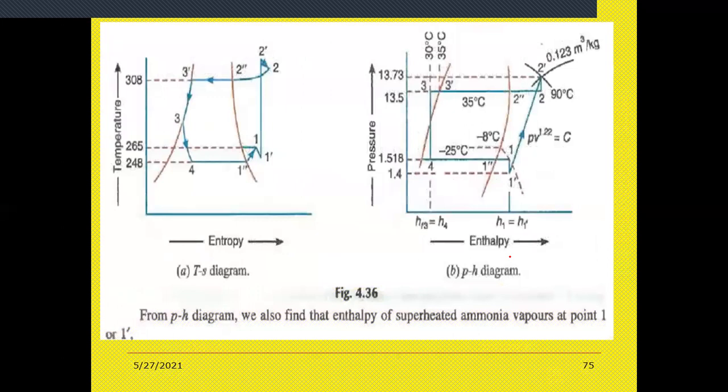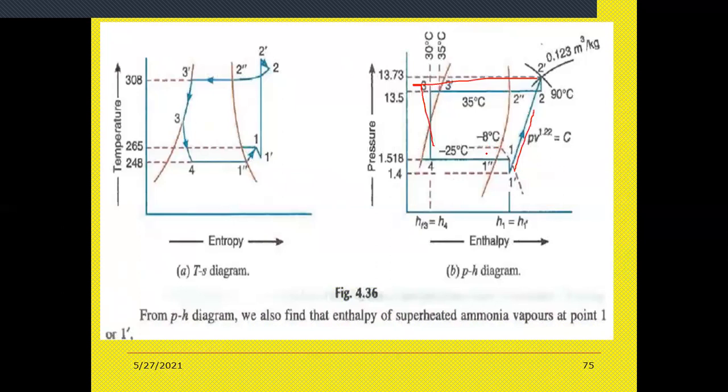Now see the PV diagram and TS diagram. Here on the pressure enthalpy diagram we have 1 to 2, 2 to 3, 3 to 4 and 4 to 1.